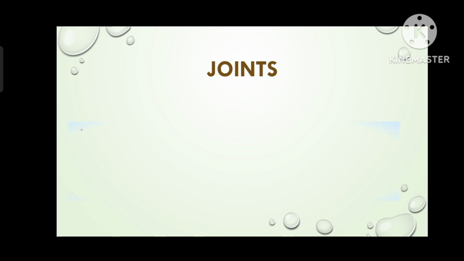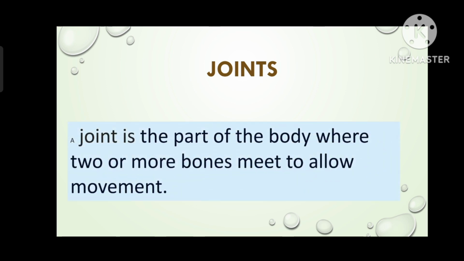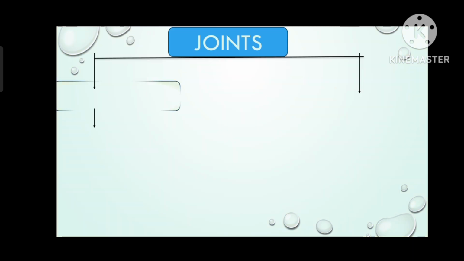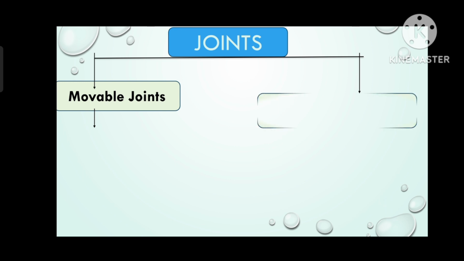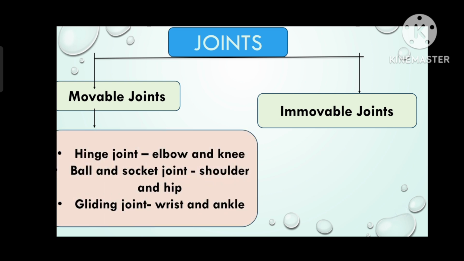Joints. A joint is the part of the body where two or more bones meet to allow movement. There are two types of joints: movable joints and immovable joints.